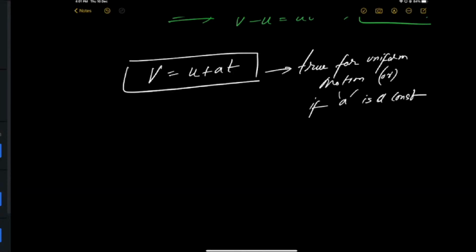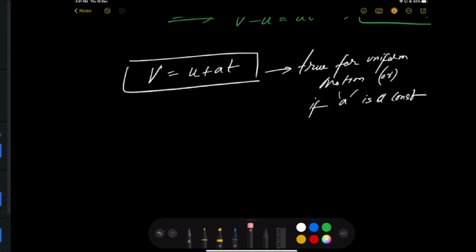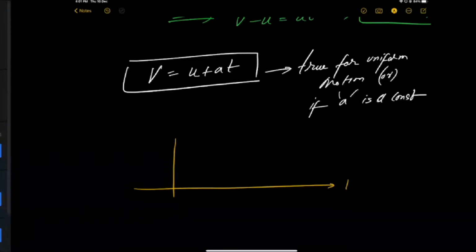Now, this is time versus velocity. If you have any value that is increasing uniformly, for example, v is increasing uniformly here, it is a straight line. If it is a curve, it is changing non-uniformly.